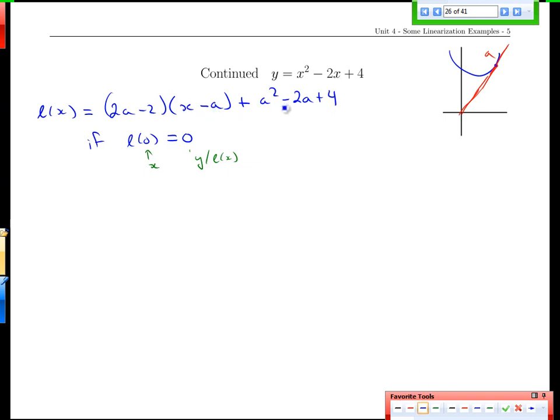So we're interested in the a values that, if we pick them, will lead to a line that goes through the origin. How do we know a line goes through the origin? Well, if the line gives us a 0 y value when we plug in x equals 0. So we can actually set this up, plugging in for x and y. We'll do this in color. So we're saying L of x, or the y value, is 0. That's the interesting point for us when x is 0.